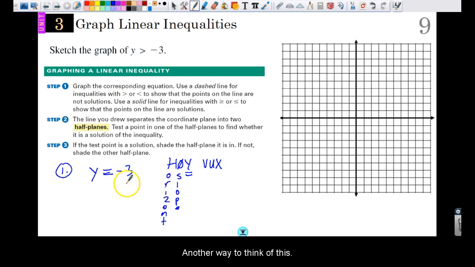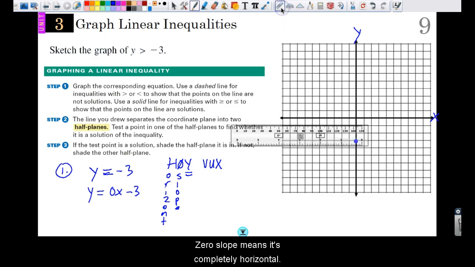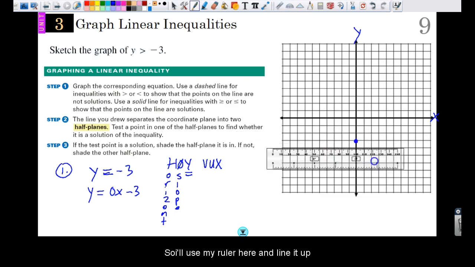Another way to think of this is that if it is a 0 slope line, this is y equals 0x minus 3. So the slope is 0 and the y-intercept is (0, -3). So if I label my x and my y-axis (0, -3), a 0 slope would mean it's completely horizontal. So I'll use my ruler here and line it up.